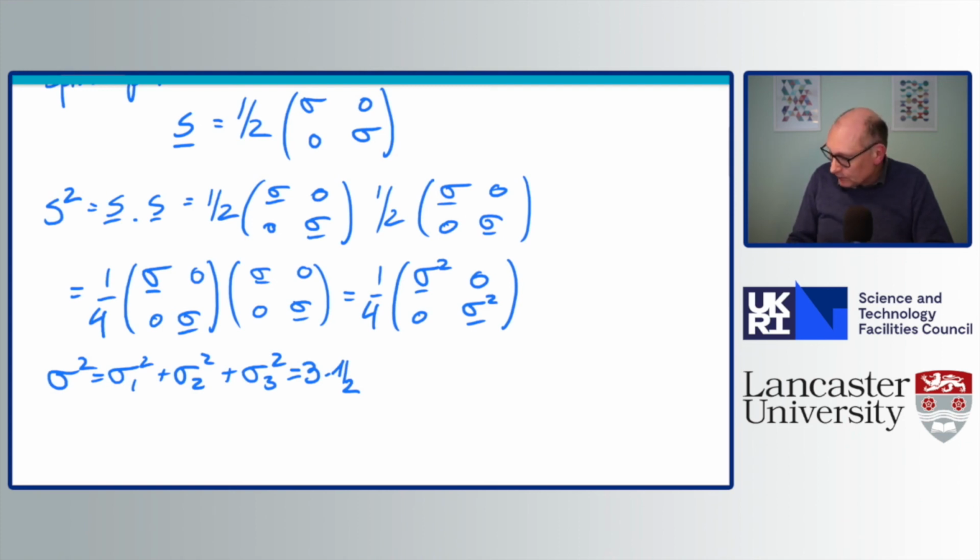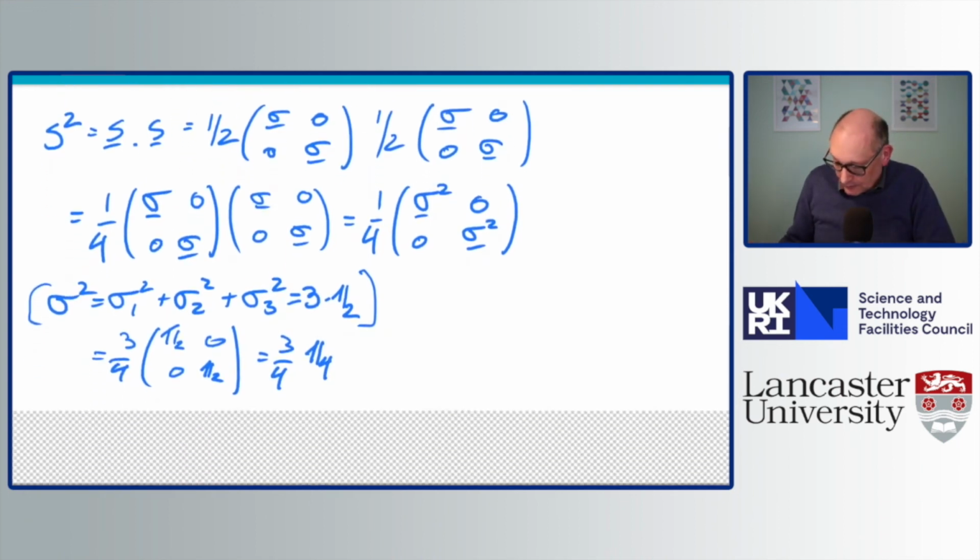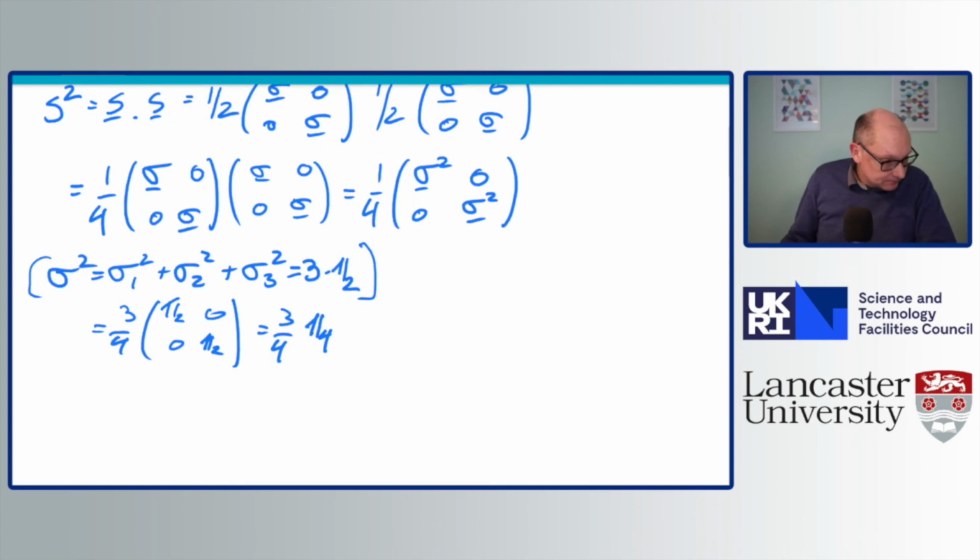We get 3 times that, such that here we get 3/4 times the identity matrix. Good. So the spin operator behaves as we expect the spin operator to behave.